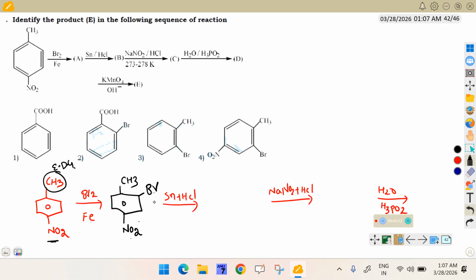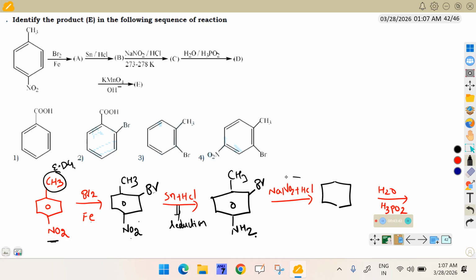So it is correct. Reacts with Sn plus HCl. Reduction process takes place. NO2 group is converted to NH2 group. CH3 Br NH2. Aromatic amine reacts with NaNO2 plus HCl.